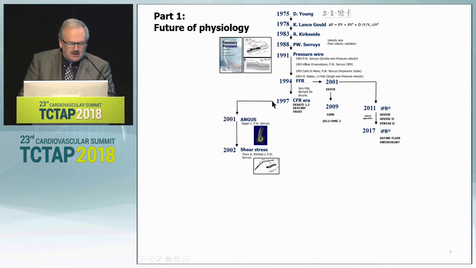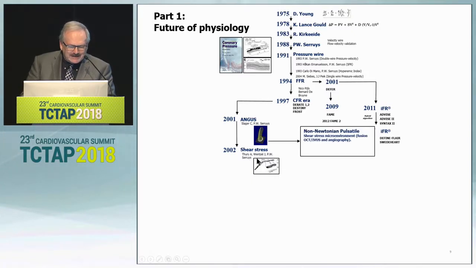Now, on the other hand, in '97, together with the people of Stanford and an engineer called Cees Lance, we developed the ANGUS, which was the fusion of the angiography and the IVUS. And from there, we started to develop shear stress, which was almost an exotic type of research at that time.